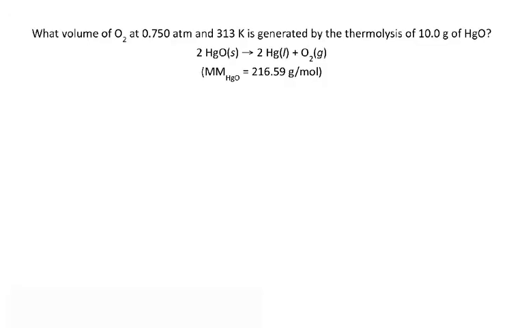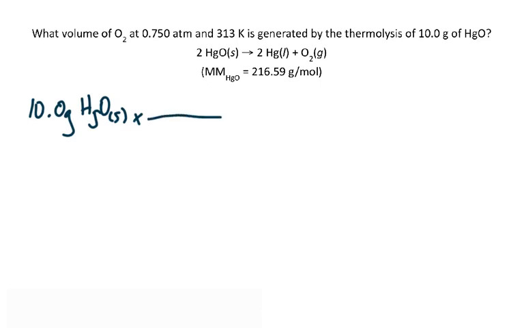Here's where you can pause the video and practice on your own and then see how that went. What volume of oxygen at 0.750 atmospheres and 313 Kelvin is generated by the thermolysis of 10 grams of mercury oxide? So we know we have 10 grams of HgO, which is a solid.